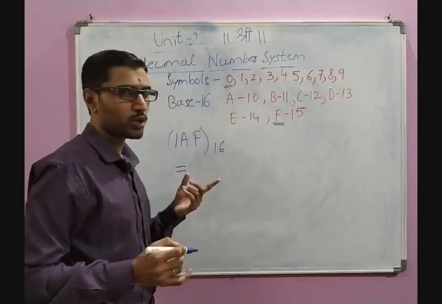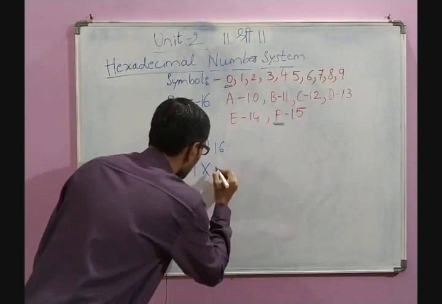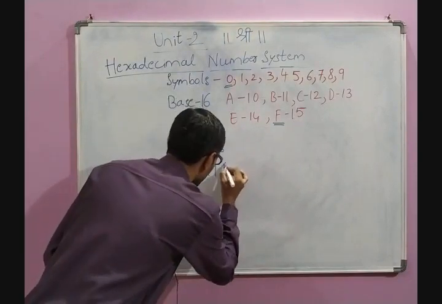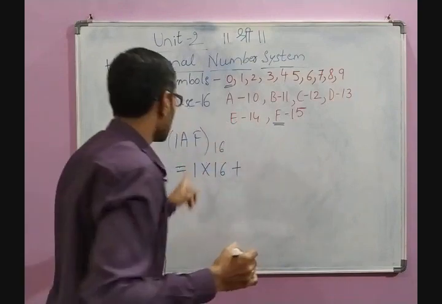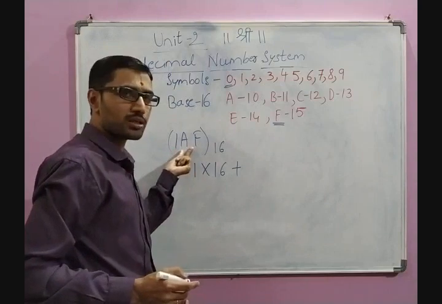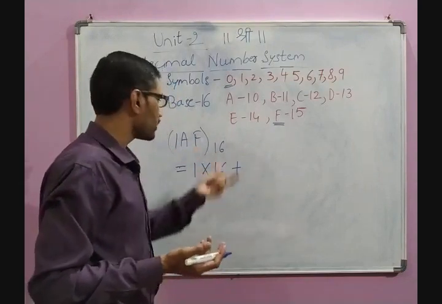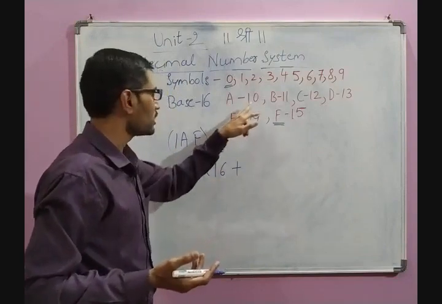Like in the previous case what we have done, the same thing we need to do. So 1 into, what is the base? 16. 1 into 16 plus, now here I have A. So what is the value of A? I cannot just take A and multiply with 16, it will not give any value. A means 10.